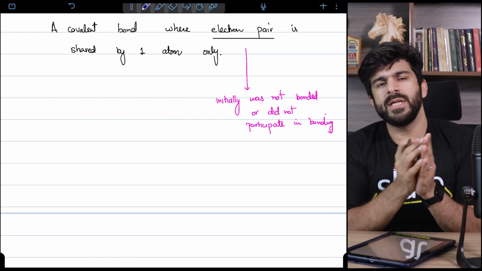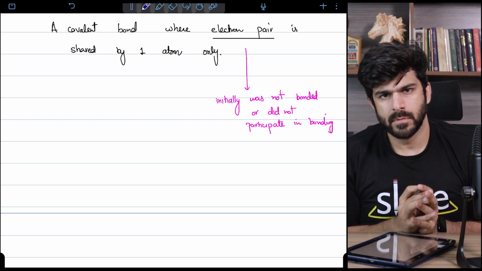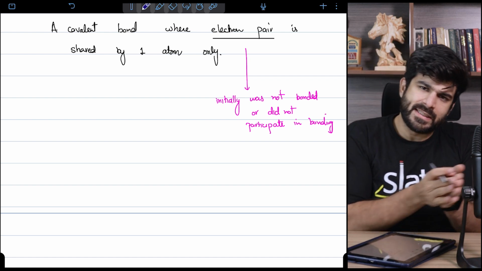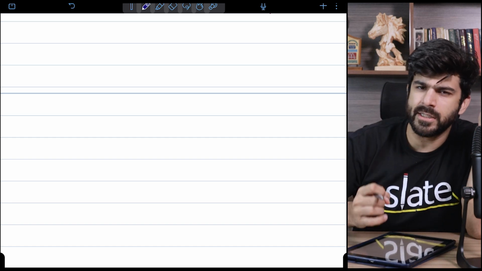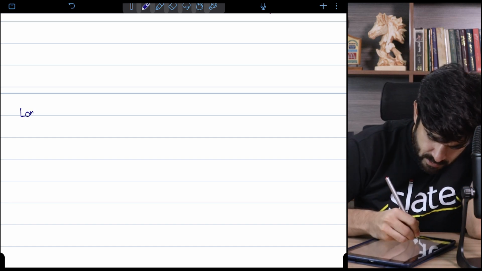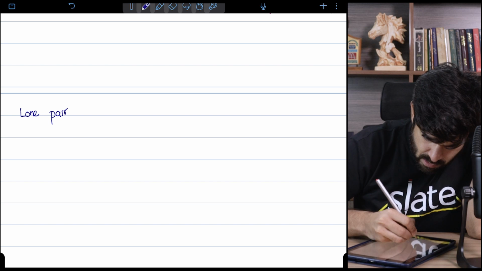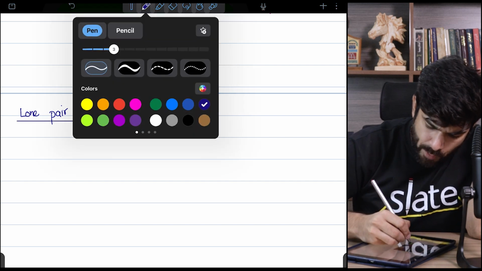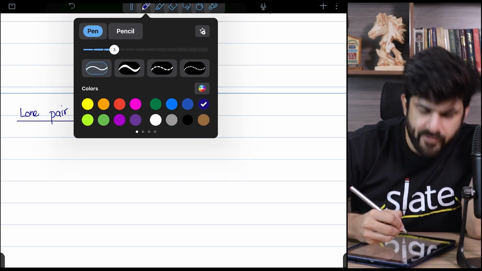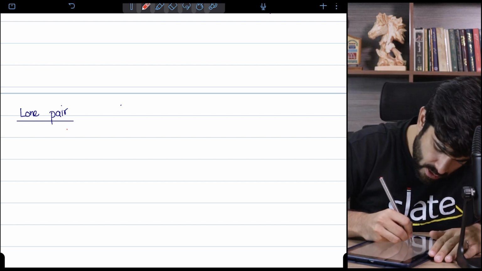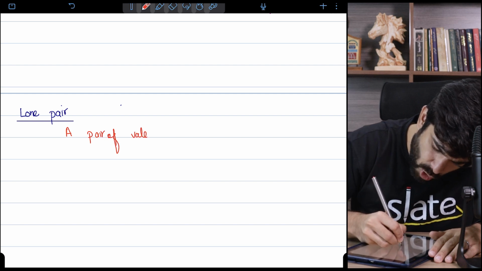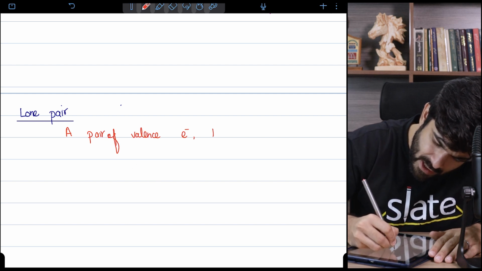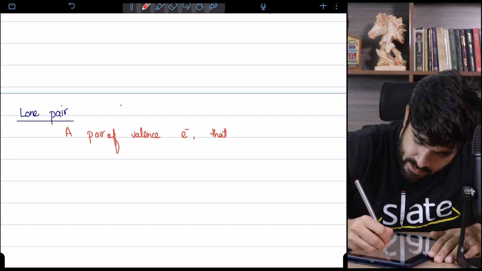Before we do the examples of dative covalent bond, let me take a different turn here and understand the concept of lone pair first. So what is a lone pair? By pair we understand it's two electrons. A pair of valence electrons that does not participate in bonding.